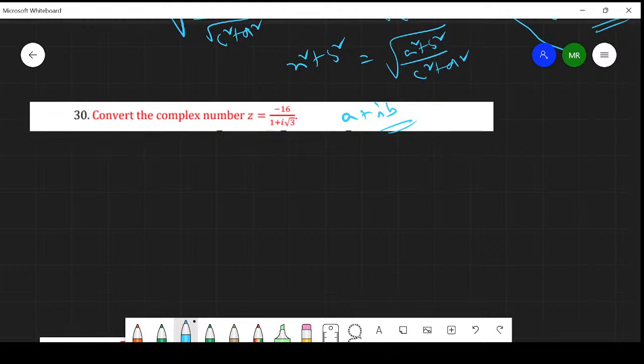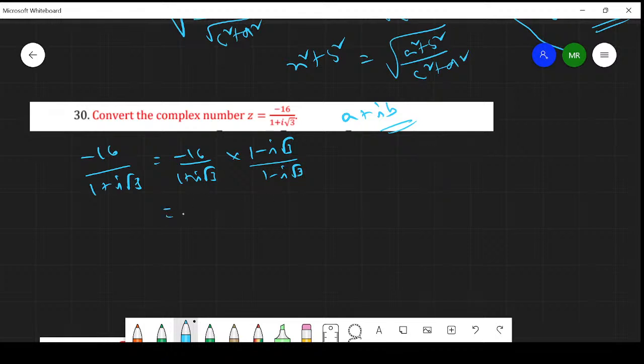Even if there's polar form, we can do that. But they're asking in the form of a plus ib, so I can write minus 16 by 1 plus i root 3. Take the rationalizing factor, 1 minus i root 3, since the given complex number has 1 plus i root 3. Multiply 1 minus i root 3 by 1 minus i root 3.